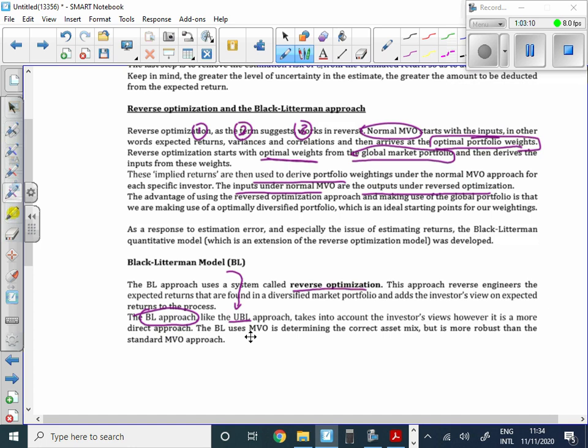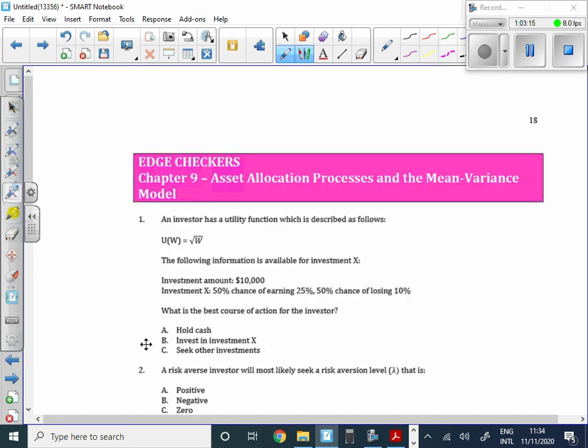Okay, guys, coming out of this particular chapter, chapter 9, asset allocation and the mean variance, we've seen some very interesting things. It is quite an important chapter. Unfortunately, you probably think, wow, that was quite formula and equation intense. It was, and yes, you have to know all those equations.